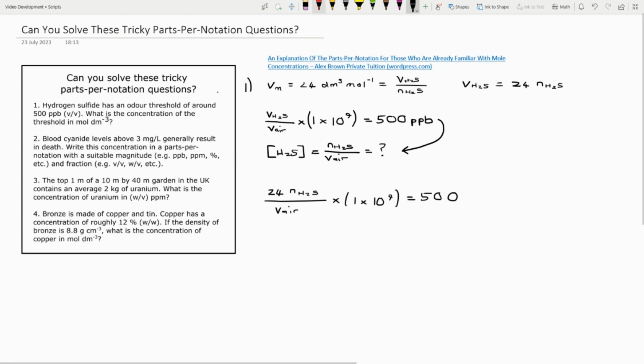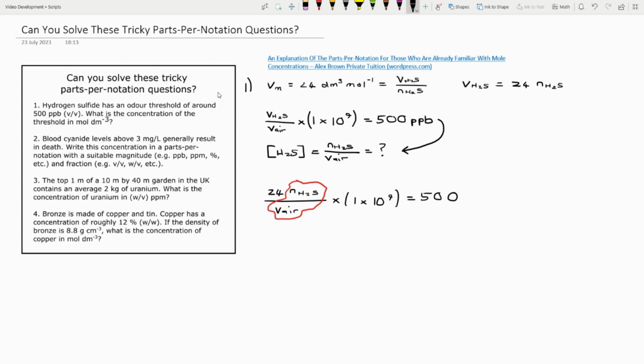And you'll see that we're already starting to get our concentration in this equation. So now we just need to rearrange it so N over V is the subject of our equation.